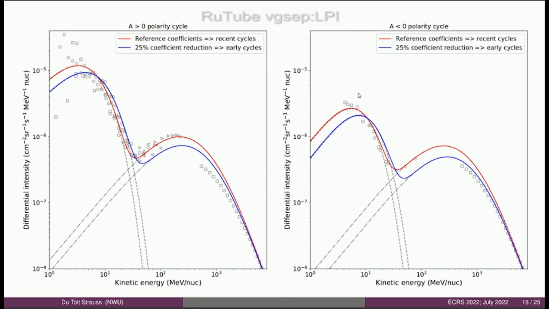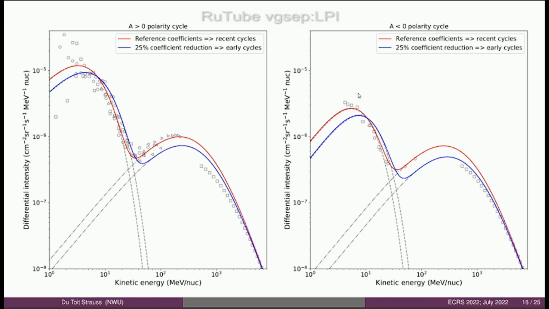If you analyze the magnetic field data, there seems to be some kind of consistency, some fraction you have to reduce it by. And what you see is this, I think, very interesting result: if you have less turbulence, the galactic cosmic ray intensities are generally more, so the red curve. That makes sense because there's less scattering.